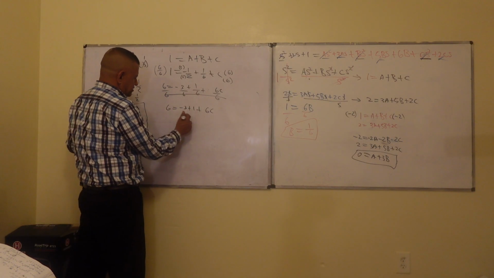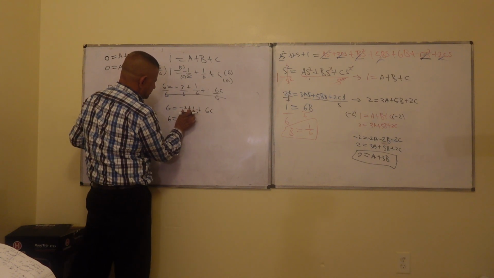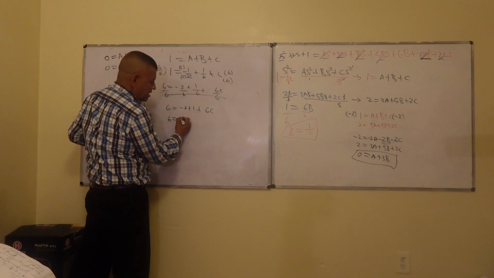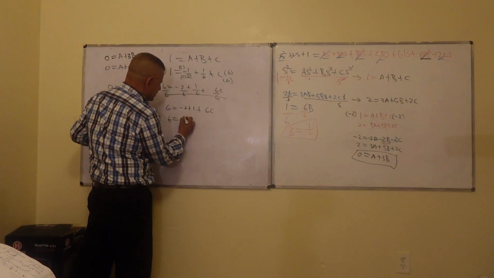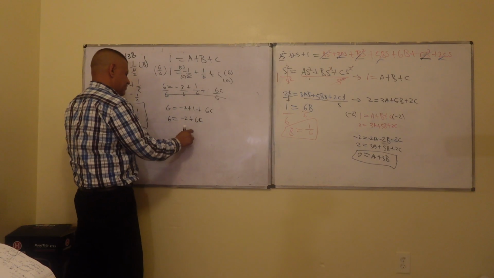So then, okay, so let's do it. 6 is equal to negative 2 plus 6C, right?